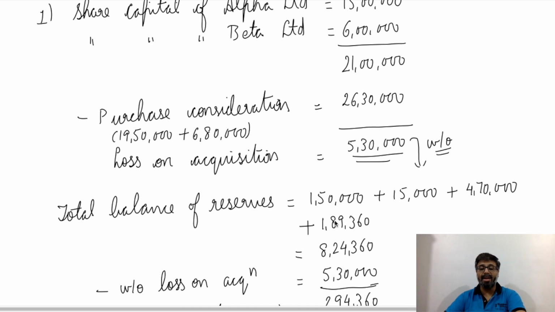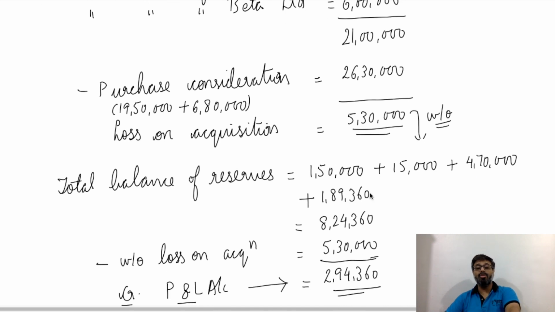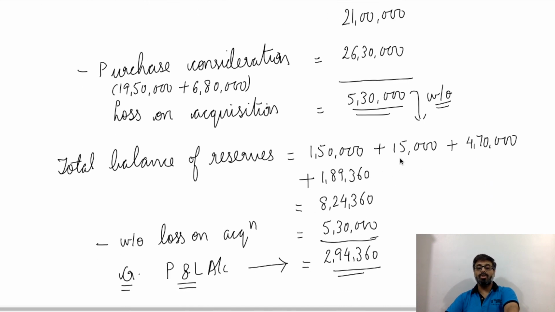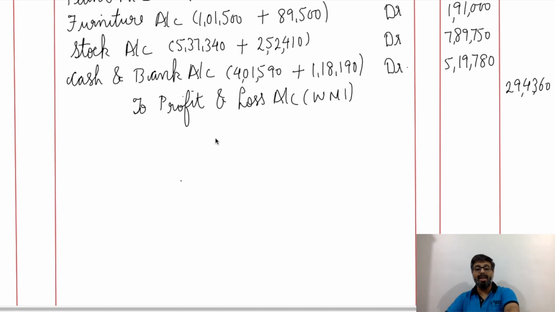Because they all are written off. They all are used in writing off the loss. So after writing off the loss, net balance of P&L account which we write, 294,360, automatically includes general reserve, security premium, capital reserve, and P&L account. All these amounts are combined into this 294,360 after writing off the loss of 5,30,000. So we will write only this P&L account credit as per working note 1, 294,360.